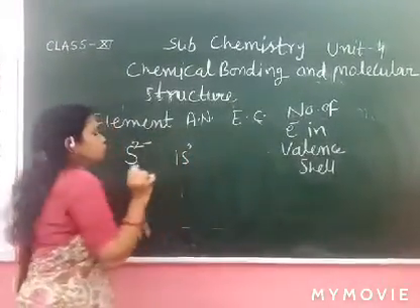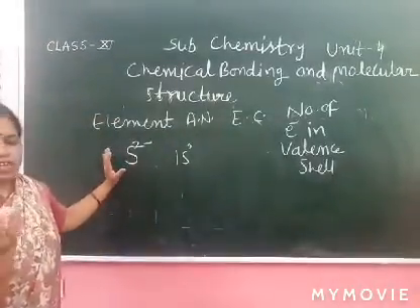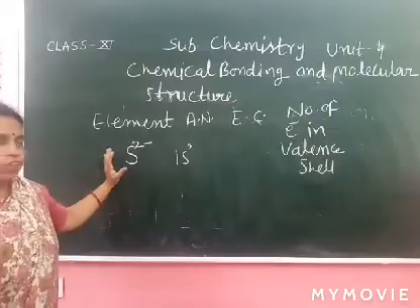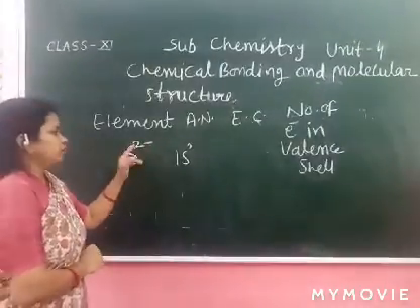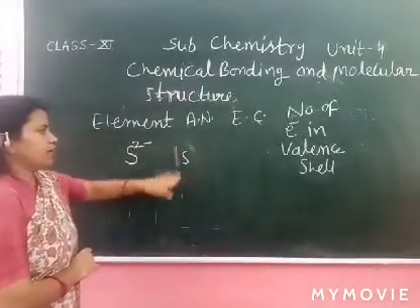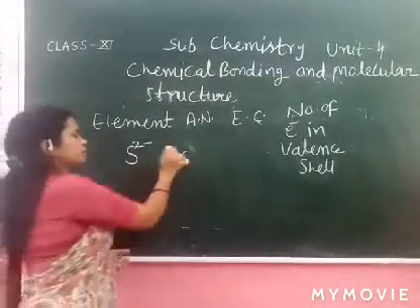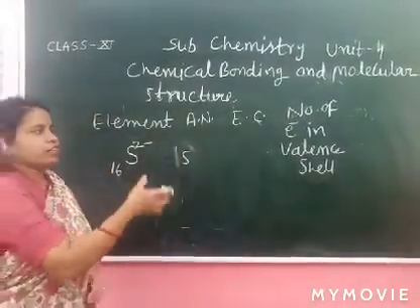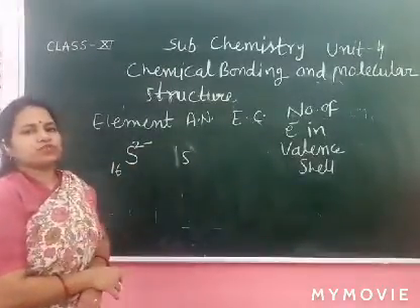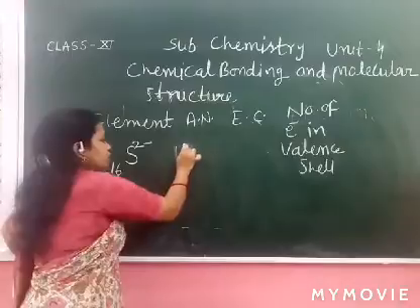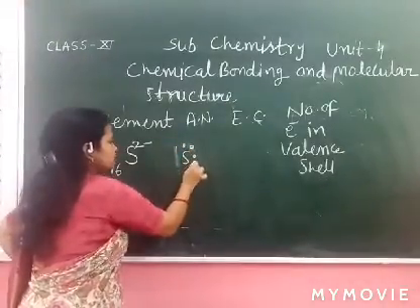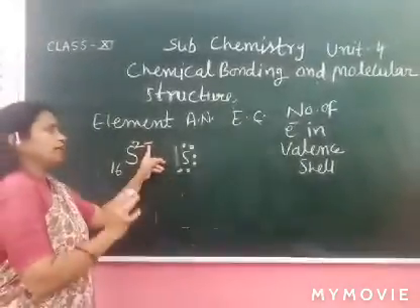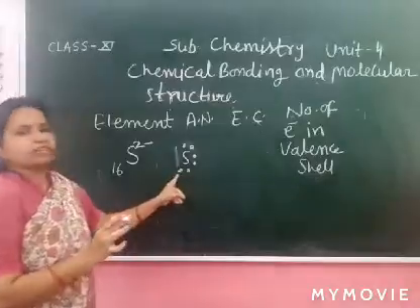You already know the oxygen family: oxygen, sulfur, selenium, tellurium, polonium. Sulfur has 6 valence electrons, atomic number 16. You can write 1s2, 2s2, 2p6, 3s2, 3p4. How many electrons are present in the outermost shell? 6 electrons. And the 2 minus, this is only sulfur, not sulfide.